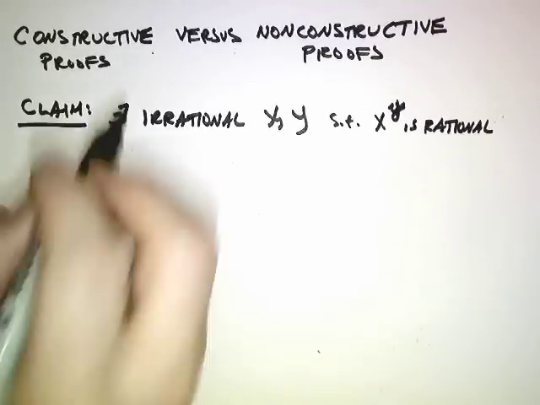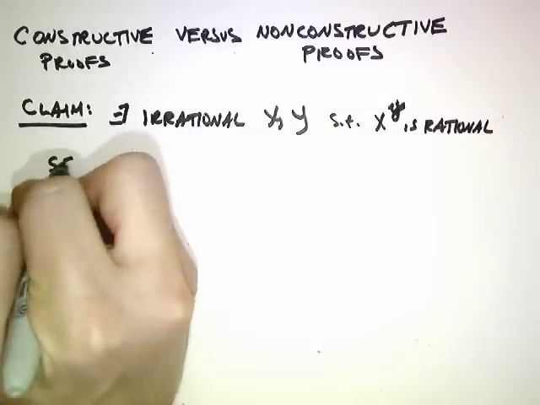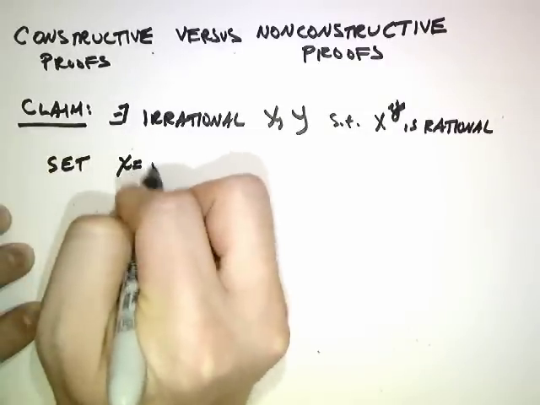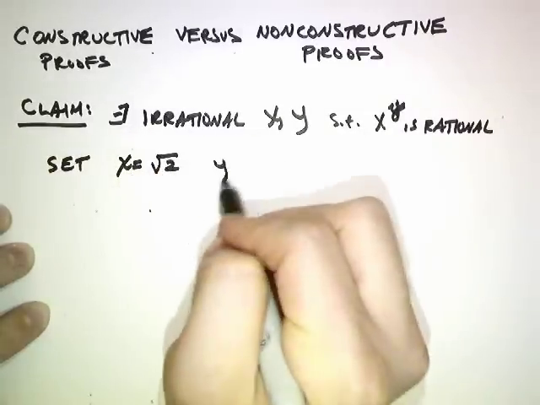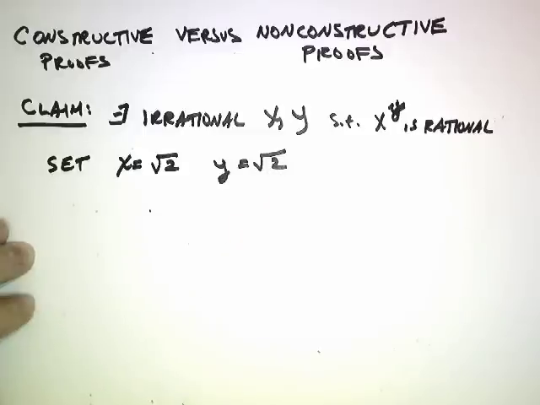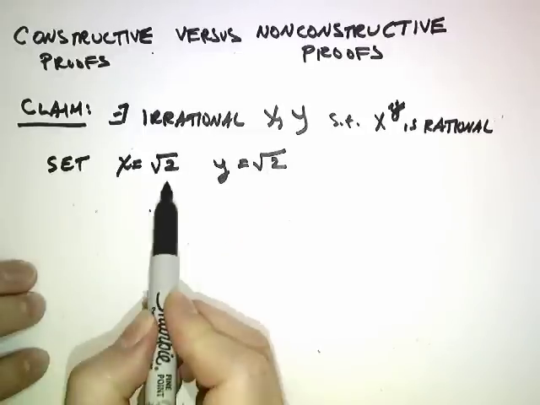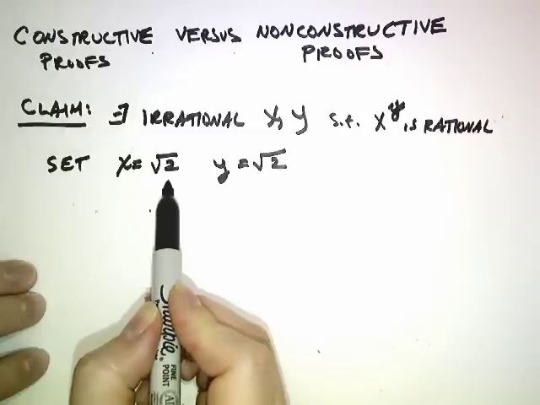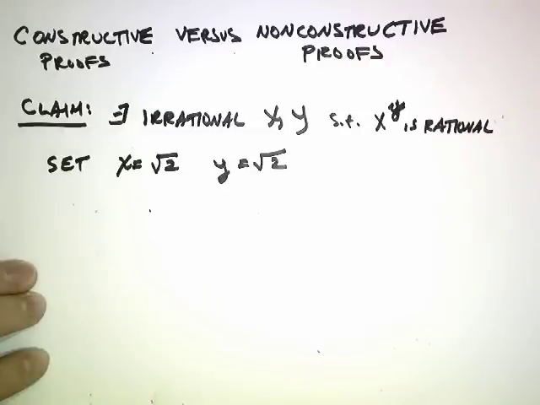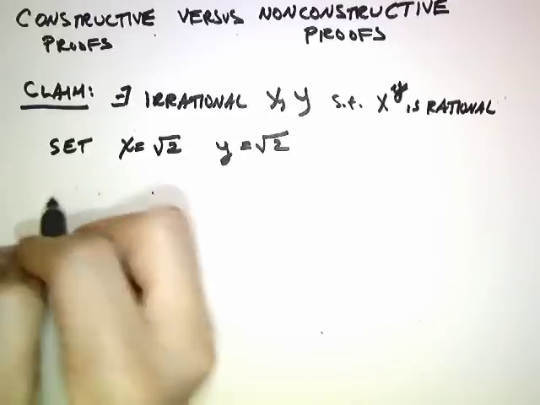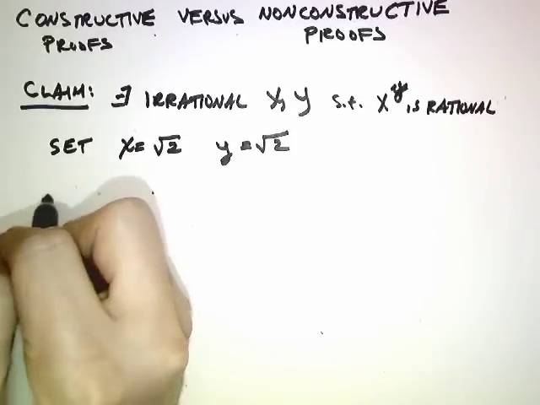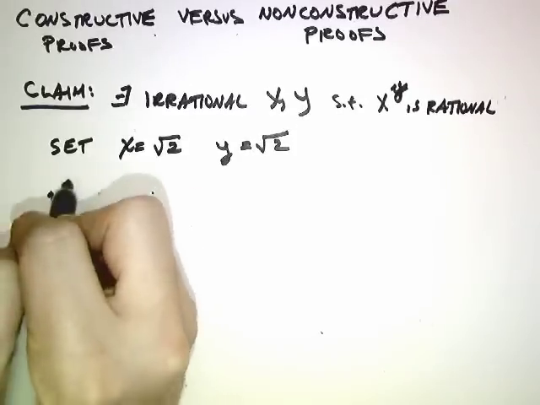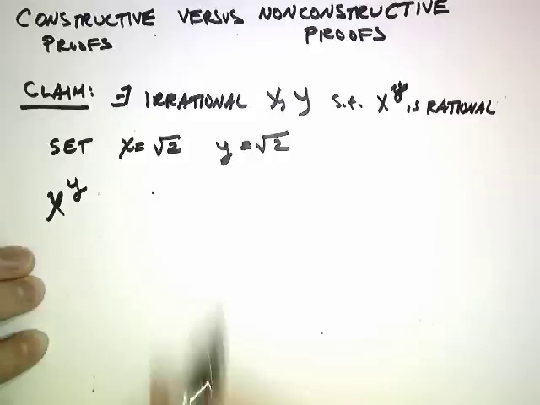Let me show you. So let's set x to be square root of 2 and y to be square root of 2. We know that square root of 2 is irrational because we've seen that in a previous video. So what happens if we look at x to the y, x raised to the power y?